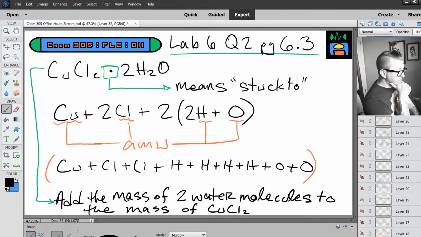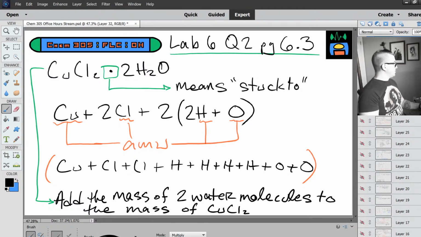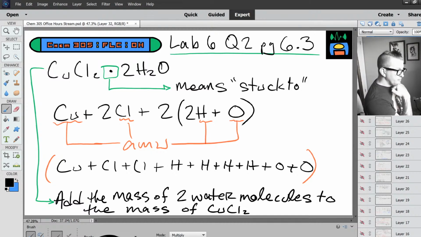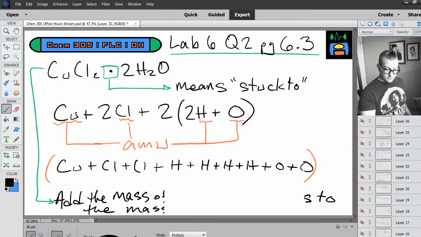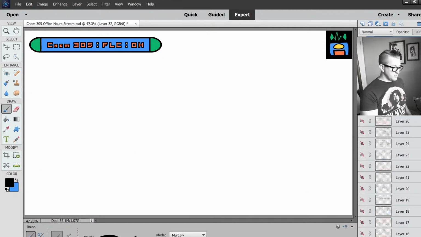Okay, Susan, homework 4, number 2. Let me pull that up. Okay, Susan asks us to find a molecule that only has single bonds. So let's give it a look.